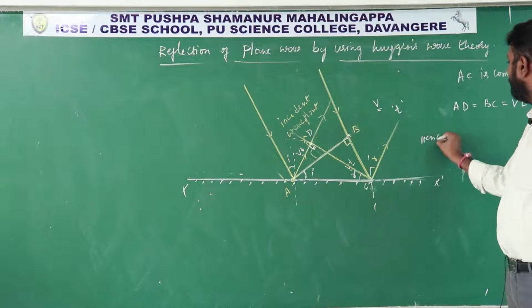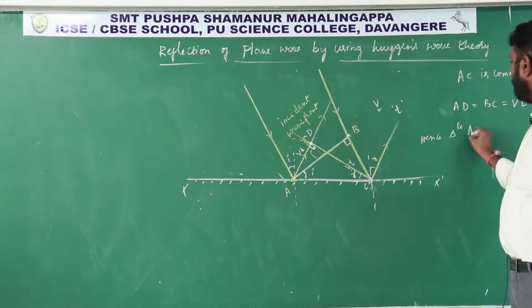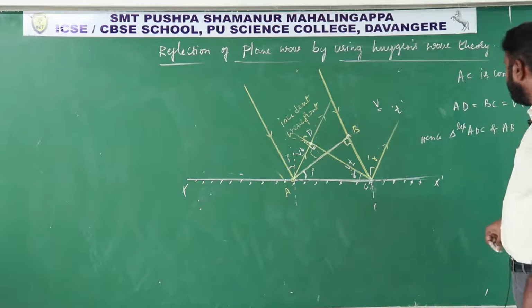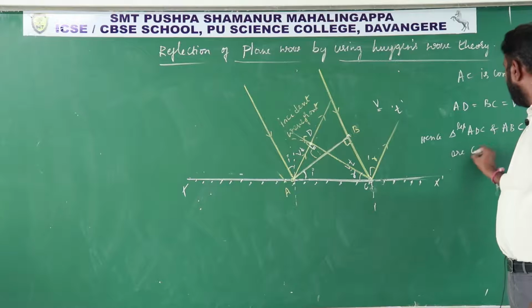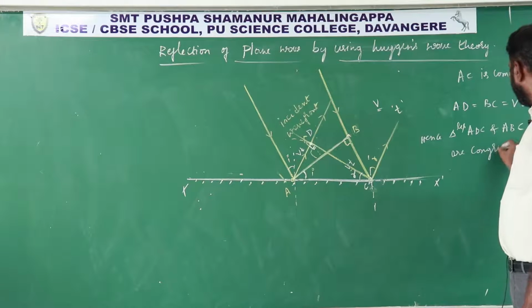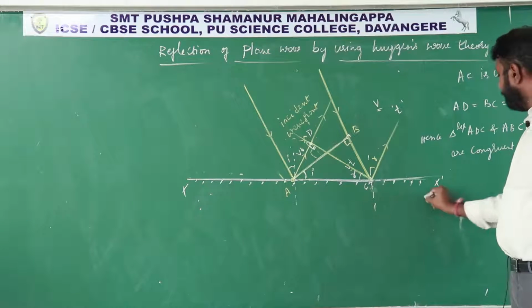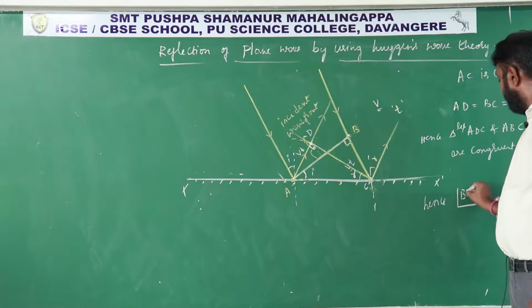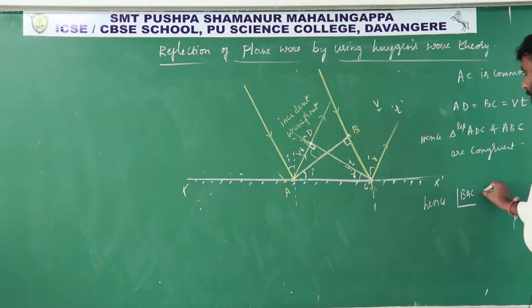Hence triangles ADC and ABC are congruent. Hence we can say that angle BAC should be equal to angle DCA.